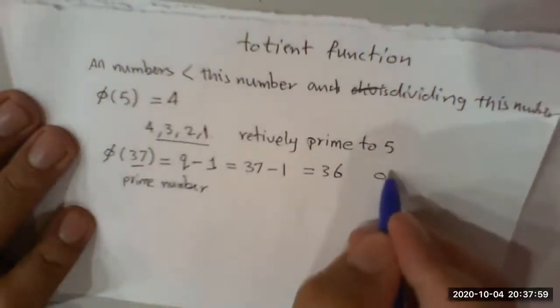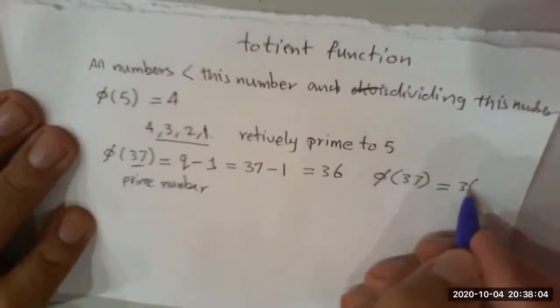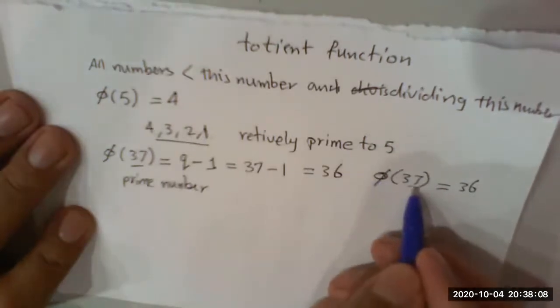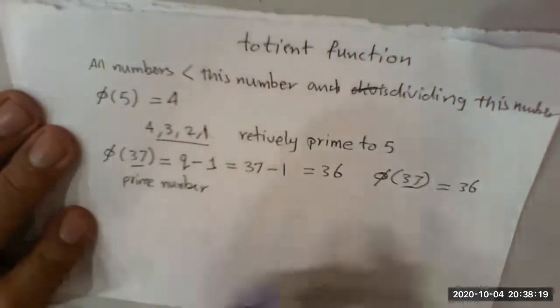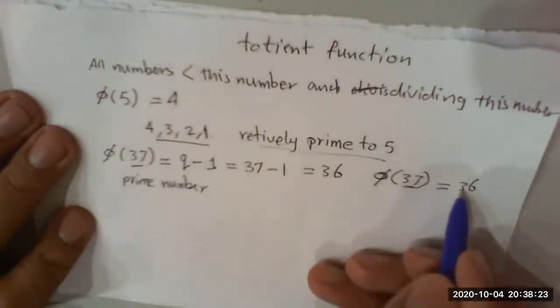So the quotient of 37 equals 36, just because I know that the prime number is not divisible by any number beneath it. All numbers beneath it are co-prime to it, or relatively prime to it. So phi of 37 equals 36.